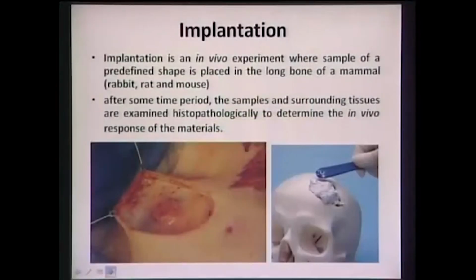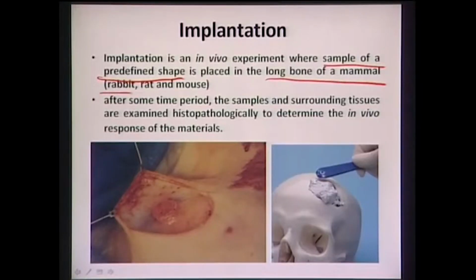Okay. Now, implantation. Implantation means a sample of a predefined shape. Predefined shape means it can be of cylindrical, square or rectangular cross section. All these typical geometrical shapes can be placed in the long bone of a mammal, so typically these materials are implanted into a mammal like rabbit, rat or mouse. Now, this is the philosophy behind choosing the particular animal model in the in vivo experiment.